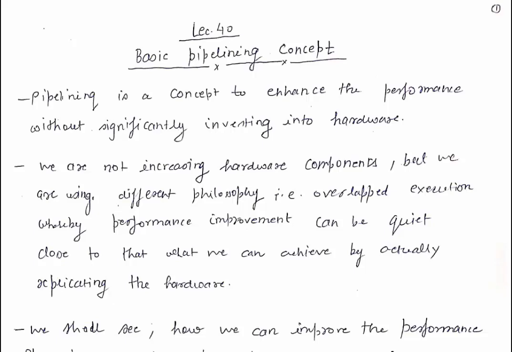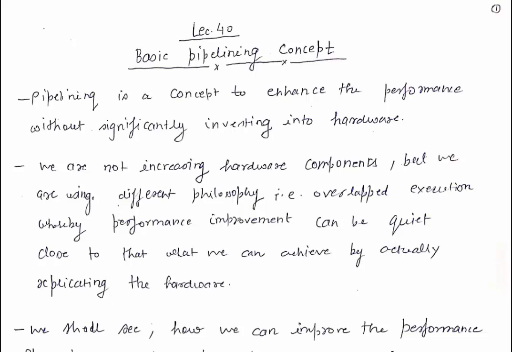So we do not require here 4 half adders or 2 full adders. We just need to divide the task into subtasks. We are not increasing hardware components, but we are using a different philosophy. That means we are executing the instruction, or the program, in an overlapped fashion, so that the performance improvement can be done without actually investing into hardware.